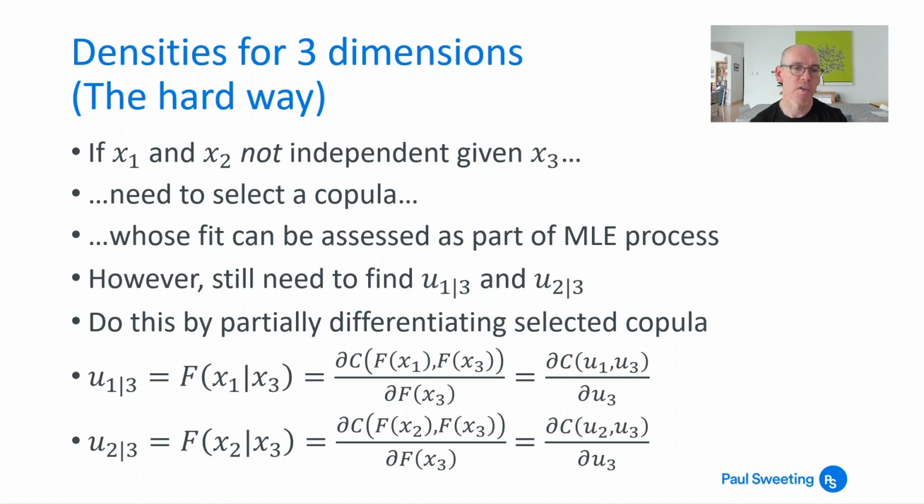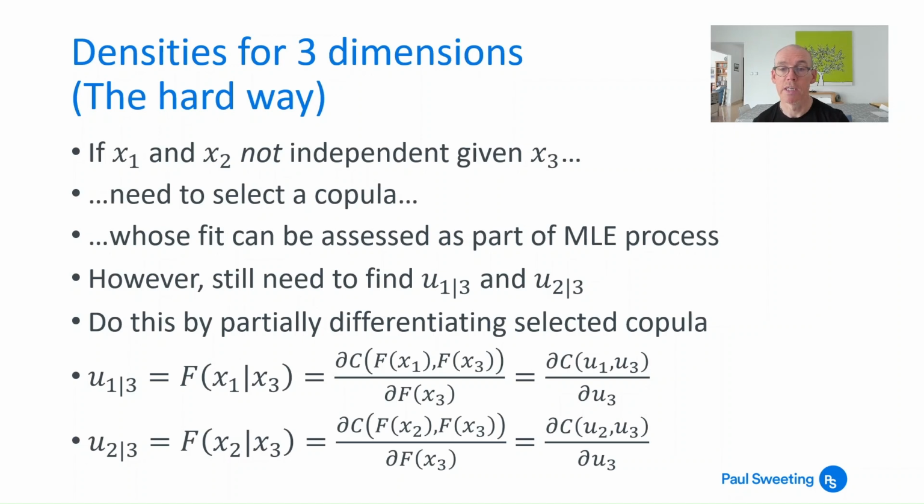So if you remember, u of 1 given 3 is equal to capital F of x1 given x3. And to find this, we essentially take the copula distribution function for f of x1 and f of x3, or u1 and u3, and we partially differentiate it by f of x3.